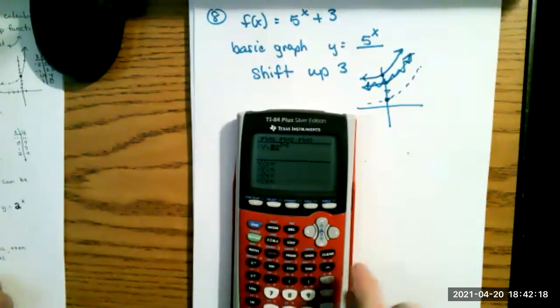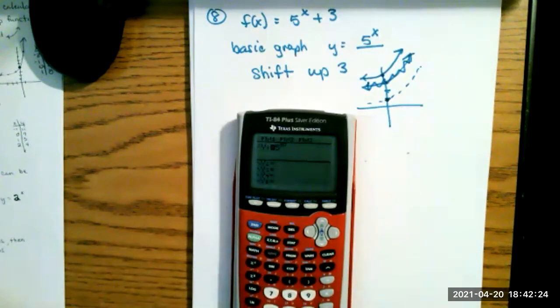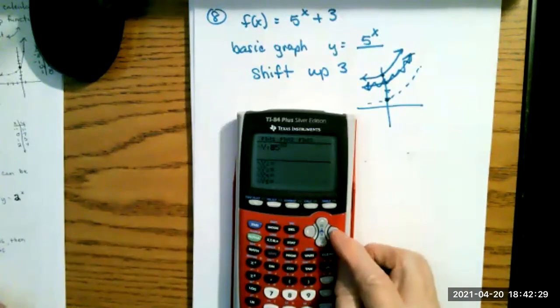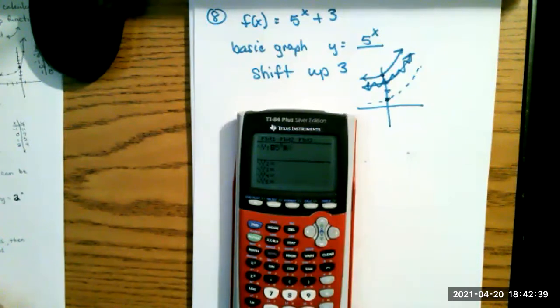Now, I would have caught it if I had actually put it in my calculator like I'm supposed to. When you put that 5 to the x in there, if you don't hit the arrow over here to bring that cursor back down, it'll put that 3 in there as an exponent. So you have to hit this arrow to bring that cursor back down to put that +3. Be sure that you do that, or it'll put that 3 up there as an exponent.